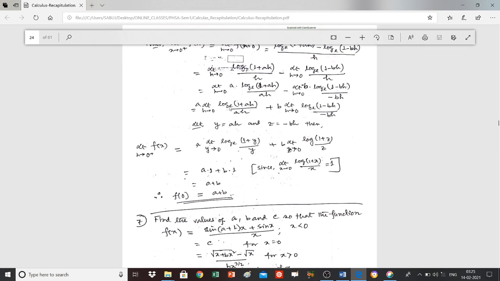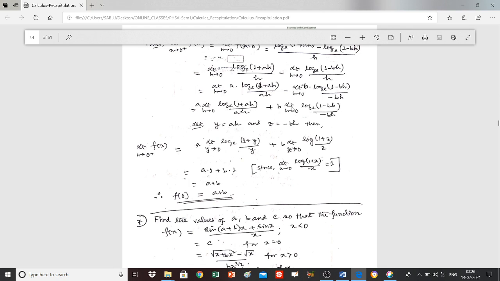Now replace ah by y and minus bh by z, and substitute these in the expression. Obviously if you substitute these, y should tend to 0 and z should also tend to 0.